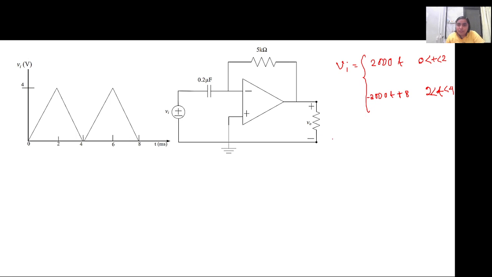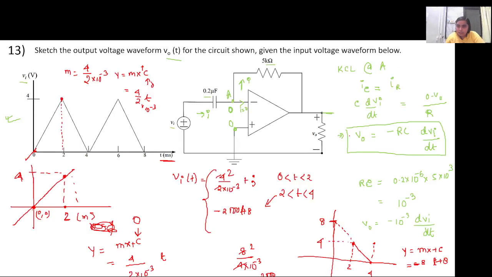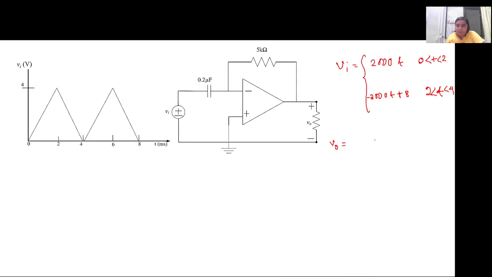So I can also write V naught in a similar fashion. V naught is what we have already calculated. It is 10 to the power minus 3 into dVi by dt. So first multiply by 10 to the power minus 3 and do d/dt.